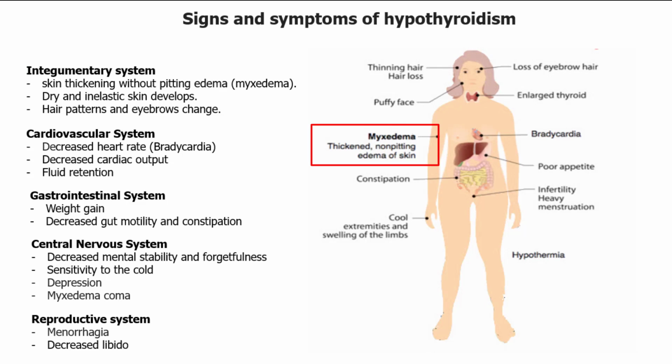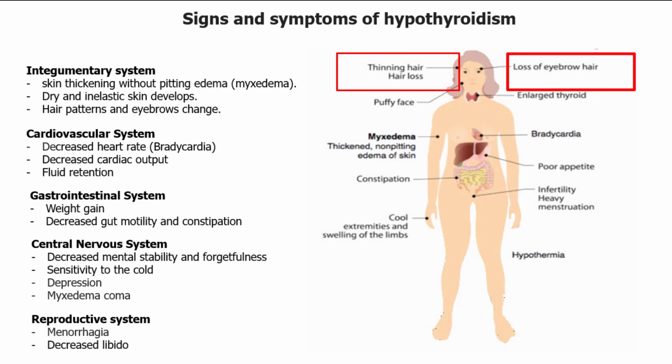That is called myxedema. Myxedema is a syndrome with clinical manifestation of thick, coarse skin and peripheral edema. The skin becomes dry and inelastic, and in addition, the hair pattern may become coarse and the eyebrows may disappear.